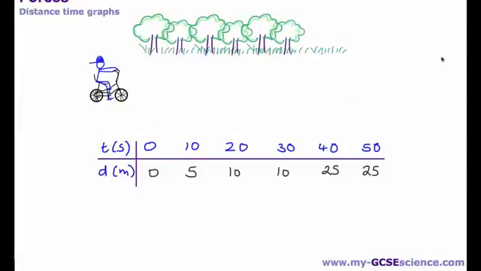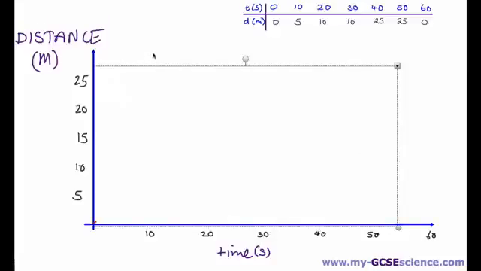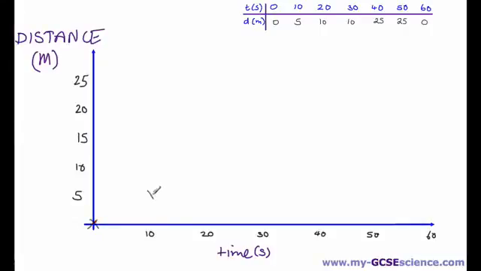Now the next thing you could do is then go on to plot the information on a graph. So you could take your table and plot the individual points. So at time 0 he's travelled no meters, and then 10 seconds later he's travelled 5 meters.